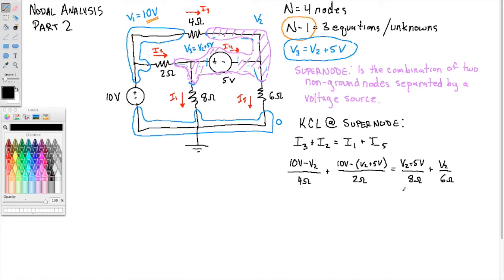So now let me simplify this a little bit by multiplying by the common denominator of 24 ohms.